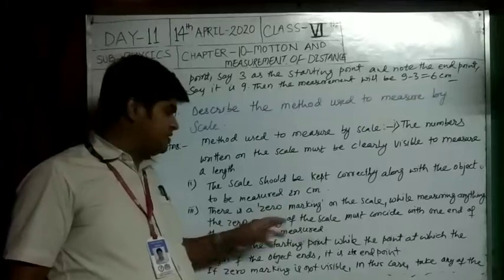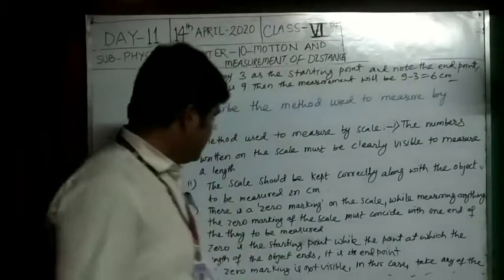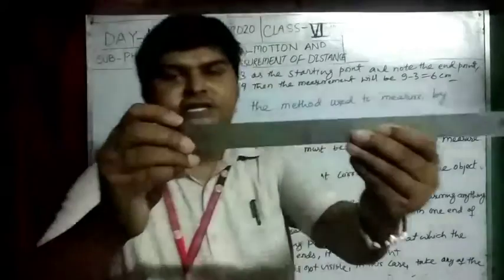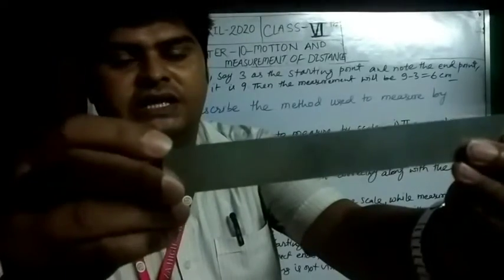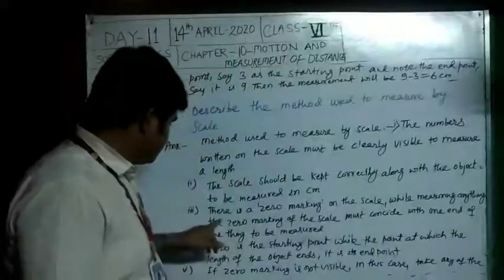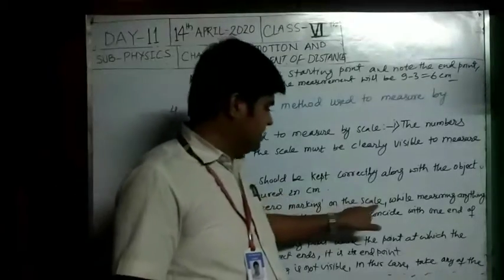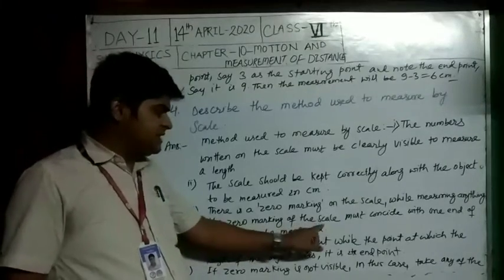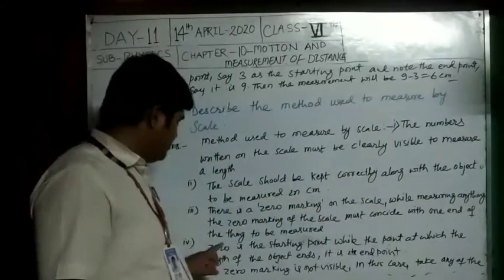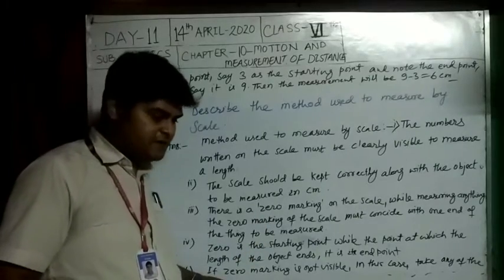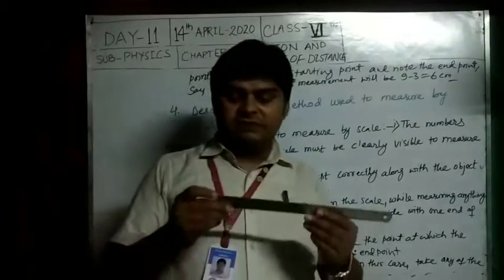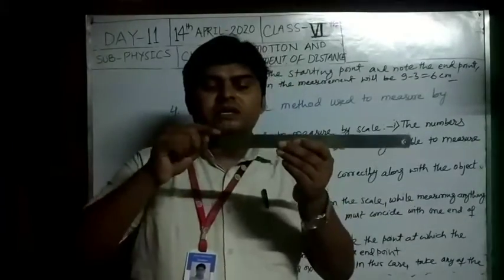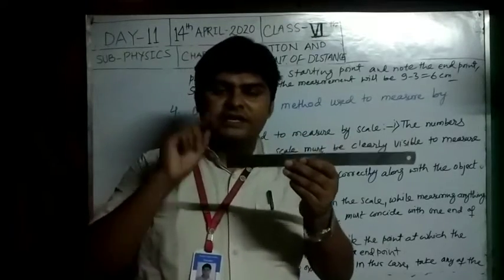The 0 is marked at the first end of the scale, on the left side. While measuring anything, the 0 marking of the scale must coincide with one end of the thing to be measured. That means the first end of the object must coincide with the 0 marking of the scale.